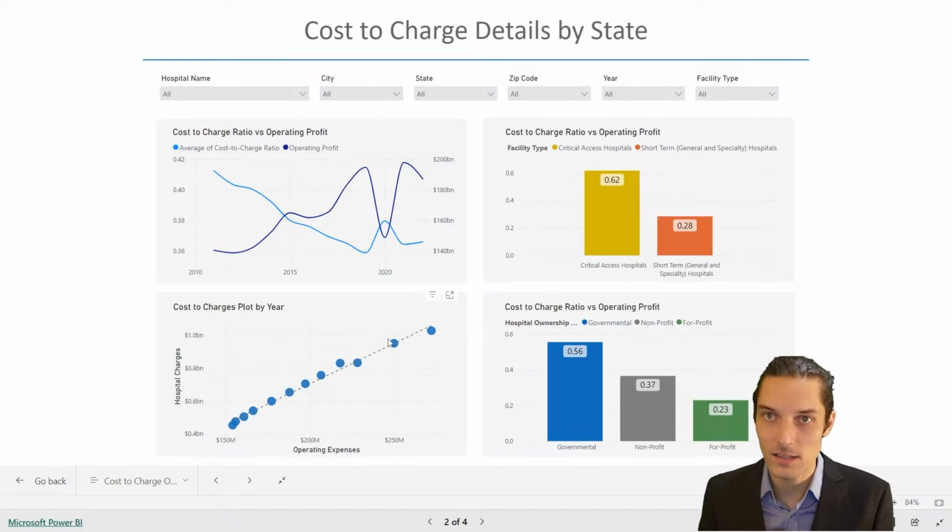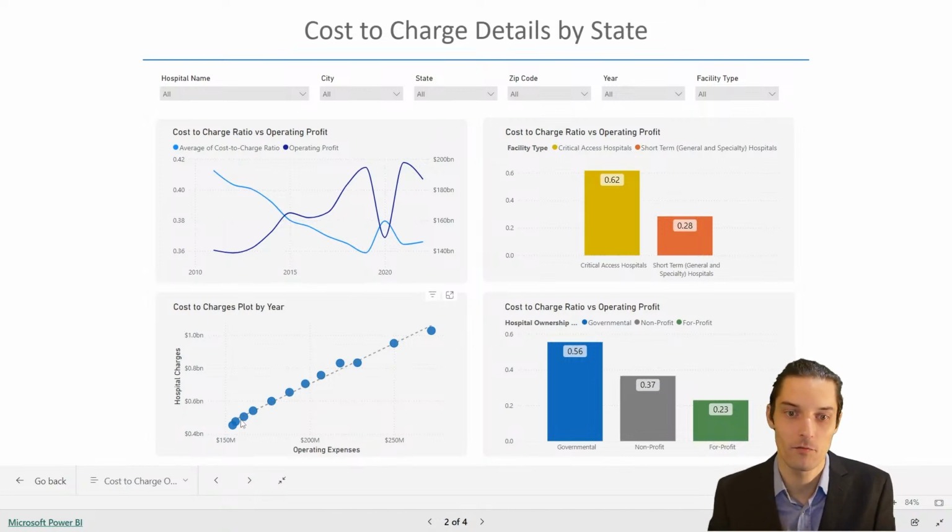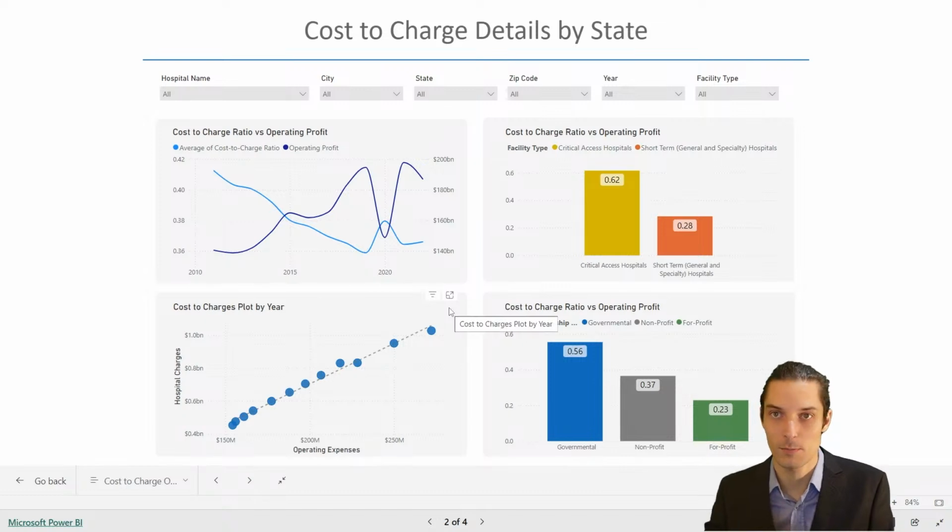And if it deviates a lot, there's a lot of things that can go into that, like your revenue cycle, how you are improving on your AR and accounts receivable, what you're getting paid by Medicare and Medicaid, etc. But if you have a long-term trend that looks very seamless like this, then you can know what to expect in the future based on inflation and based on your operating costs in the future.